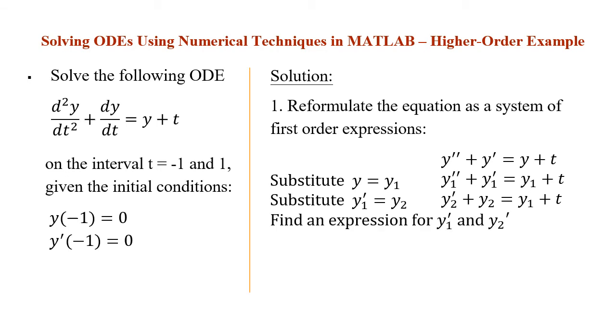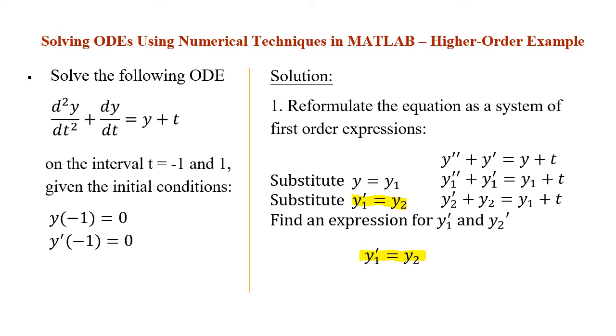Next, I'm going to find an expression for the first order derivatives, y1 prime and y2 prime. As you can see, y1 prime is already given here. I already defined it myself. So y1 prime is equal to y2, because that's how I defined it earlier. So this is equivalent to this line of the solution.